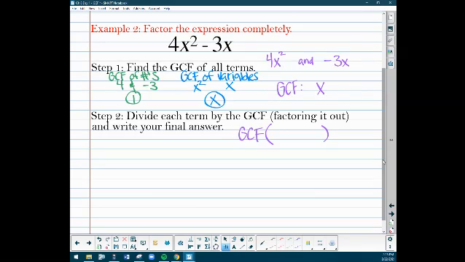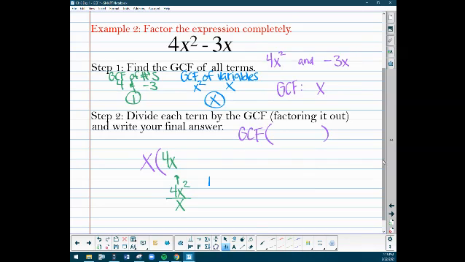Okay, so the GCF that I found between 4x squared and negative 3x was x. Okay, that's my GCF. Now I need to divide each piece. So what's going to go in this first spot is 4x squared divided by x. Okay, I'm going to take out 1x. What I have left is 4x.